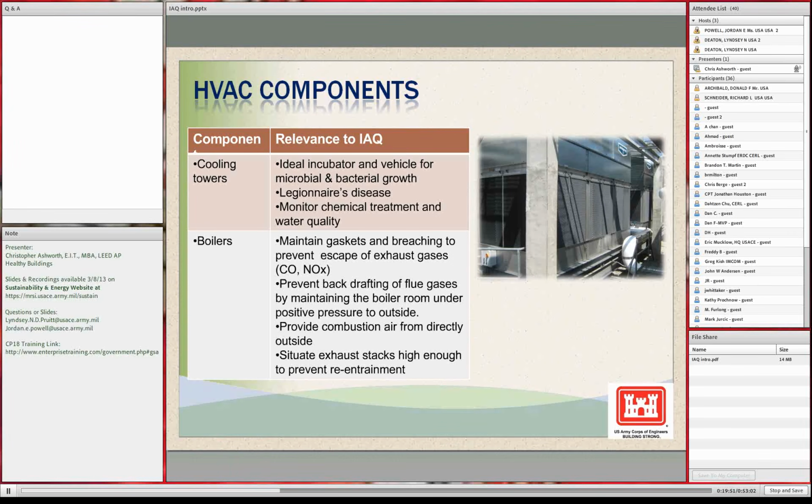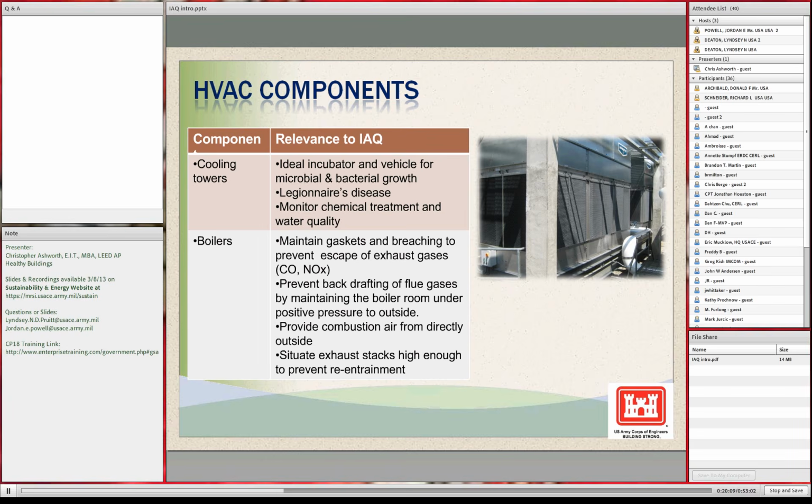For the HVAC components of the building and their relevance to indoor air quality, the biggest one is our cooling towers. They are perfect incubators and perfect vehicles for growing Legionnaires' disease and other microbial and bacterial growth.